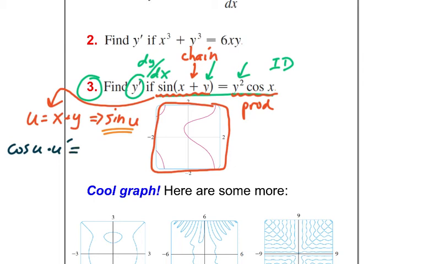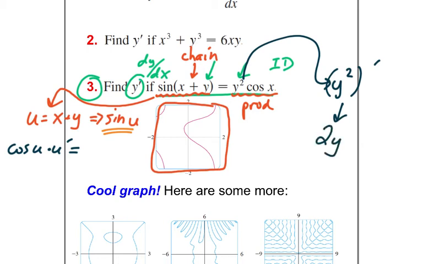On the right side, I'm going to use product rule. So product rule says, let's take the derivative of the first term. The derivative of y squared over here, guys. The derivative of y squared, because it's a y term, treat it like a variable. It's 2y. But because it's implicit, you need to multiply by the derivative of y itself.